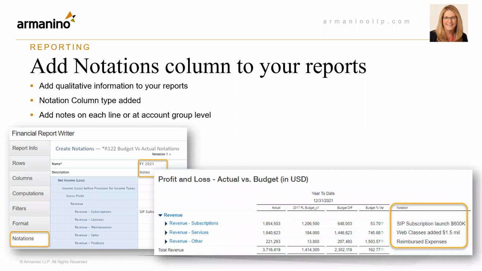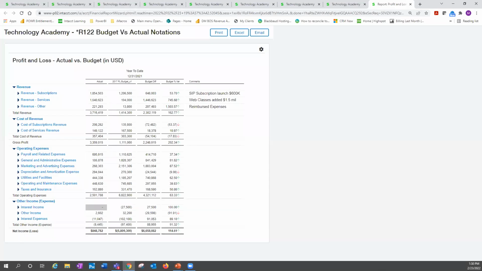Can you add 2 columns? Yes, you absolutely can add 2 columns. So let's go back in there and let's test that for 1 second. Oh, but it says, can you add 2 columns, one for current year and prior year, then moving forward, it will pull in the current year as the prior year.